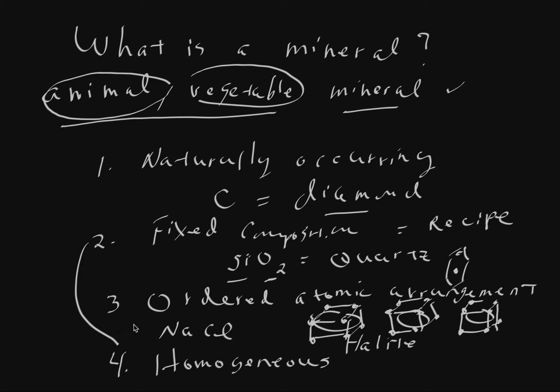So to sum up, there's one last thing we should probably address. We started out thinking about how the early scientists classified materials, and minerals were everything that was not organic. You'll notice that we've left that out of our definition here.